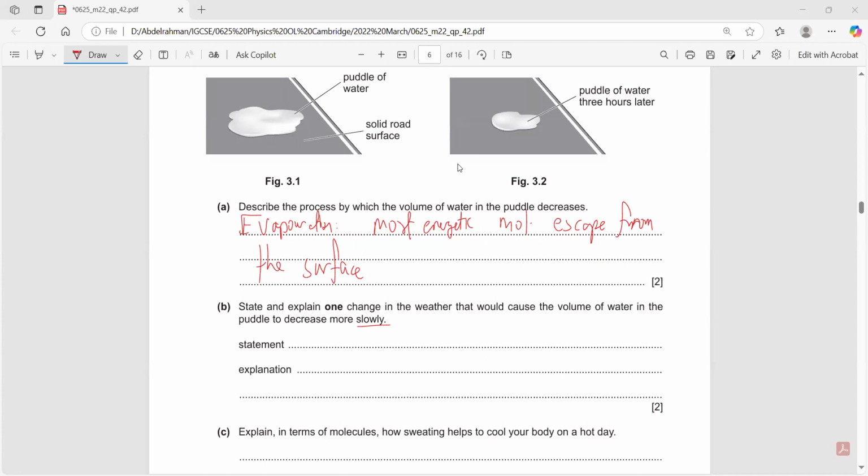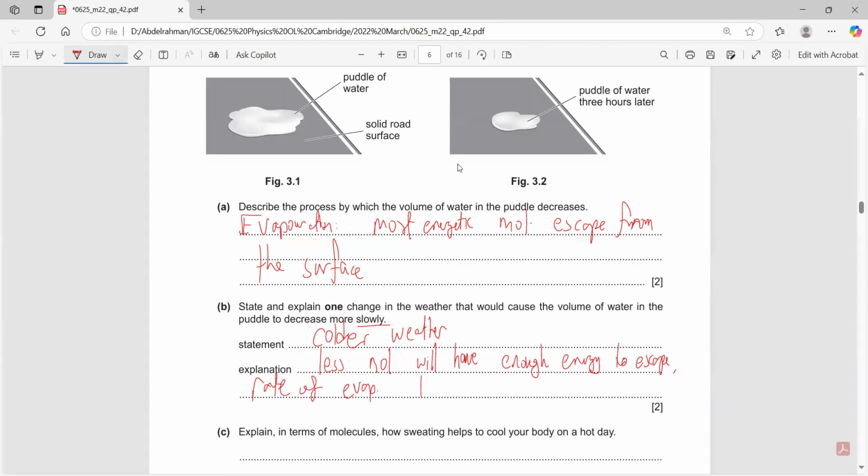With colder weather, fewer molecules will have enough energy to escape. You can also say that the rate of evaporation decreases.